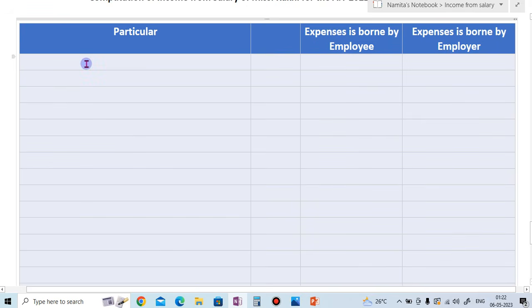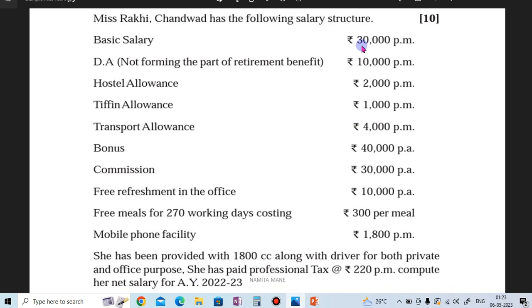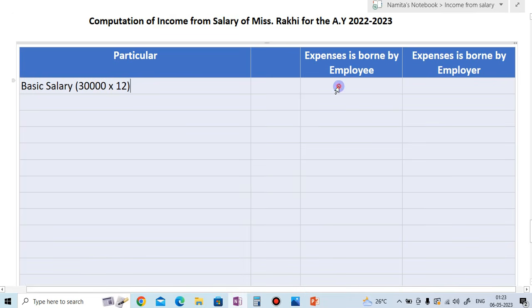So first write basic salary. 30,000 is the basic salary, multiplied by 12, because basic salary per month is 30,000. So 30,000 multiplied by 12 will be 3,60,000.